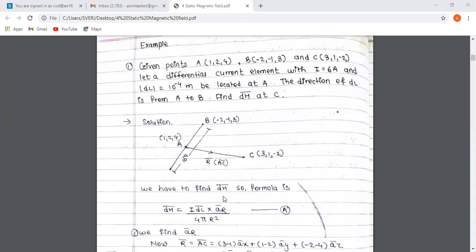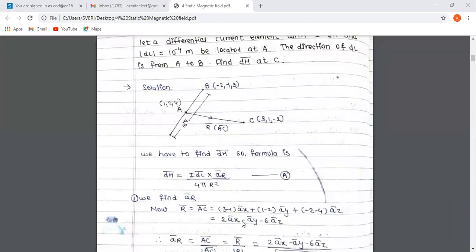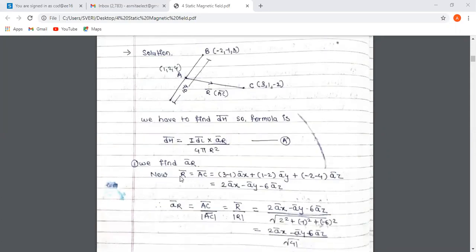To find the unit vector, you first have to find the vector connecting point A to point C. How to find this vector r bar? To find any vector, just write the end point minus start point.